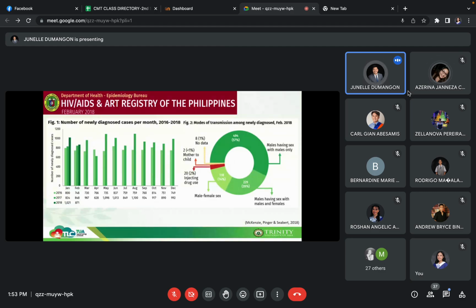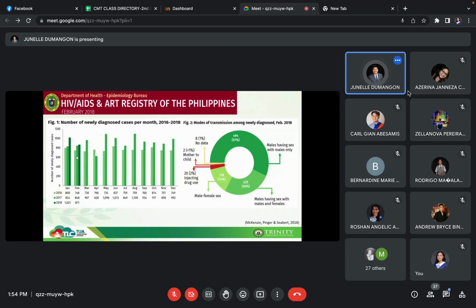That's correct, no? So here we can see that it just gave us the distribution and occurrence of the disease. It tells us from 2016 to 2018 how many people were being diagnosed with HIV/AIDS per month.